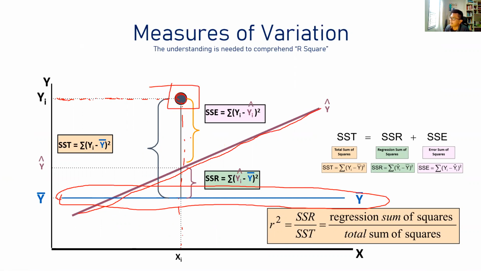Then we will have a prediction error of SST, or total sum of squares. SST reflects the deviation between the actual value and the mean value. So this is the error that you will get if you predict future outcomes based on the mean value only.